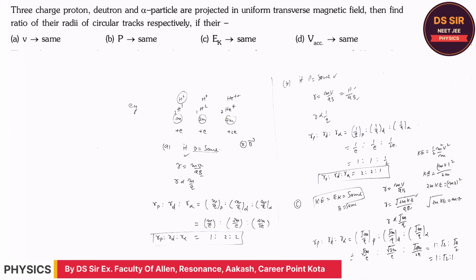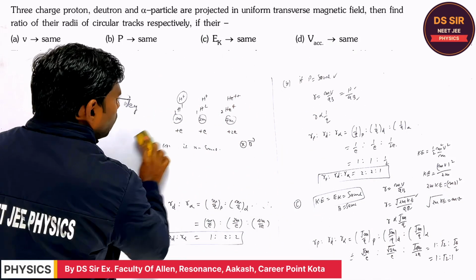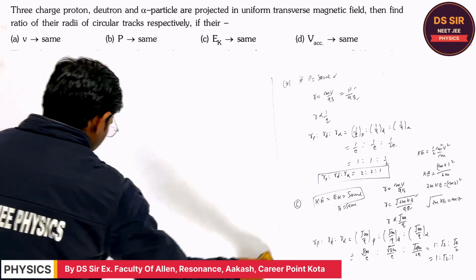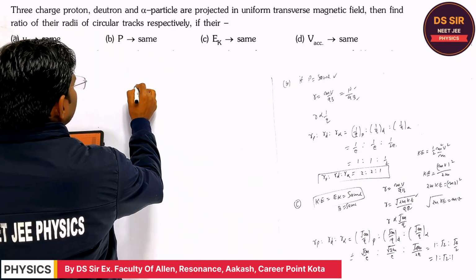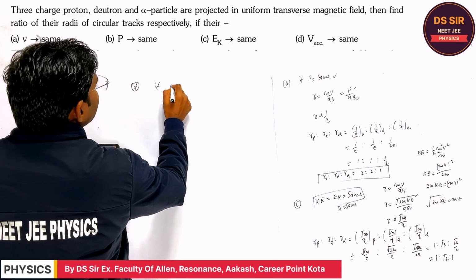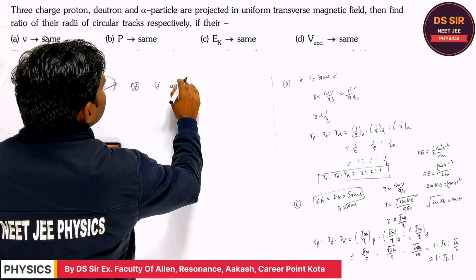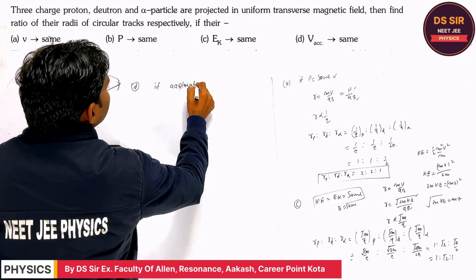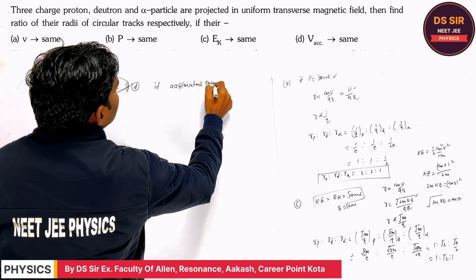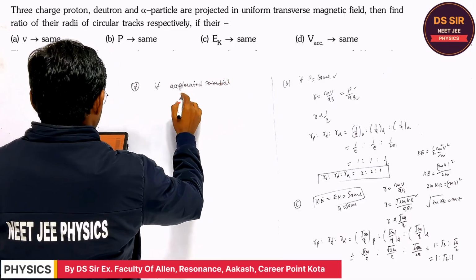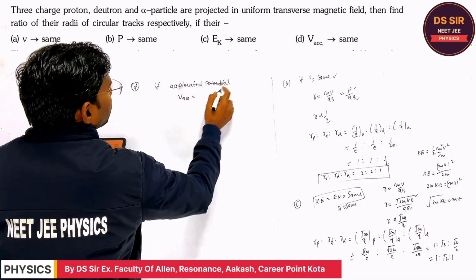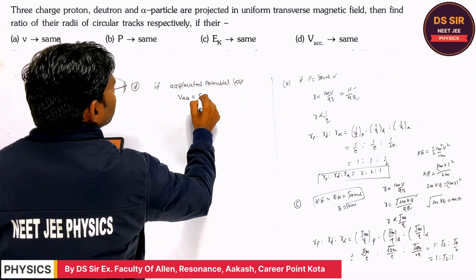Copy this. So now the fourth part is what? In the fourth part, accelerating potential is same. VACC is same, or delta V sometimes, right?